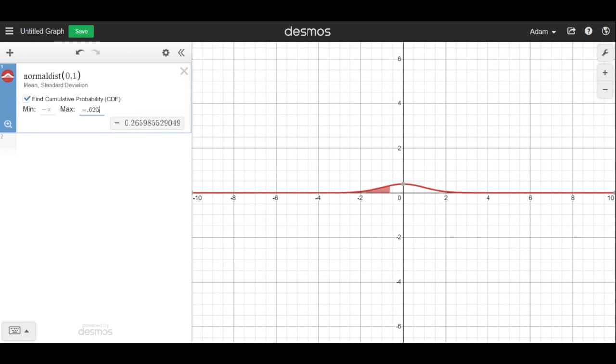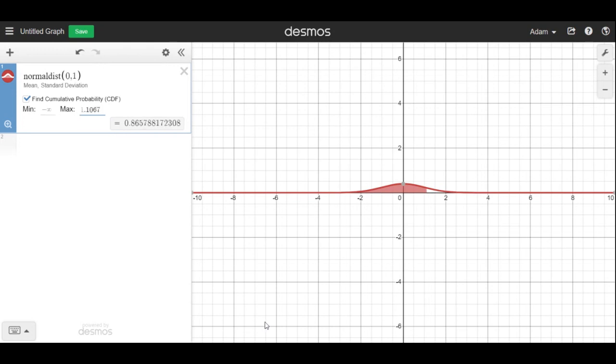If we had negative 0.6, this is what was in the table. The more accurate answer, though, is this. For part A, this would be the area, and the percentage then would be just converting this to a percentage, which is 26.5985 whatever percent.